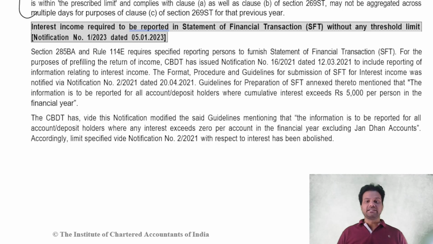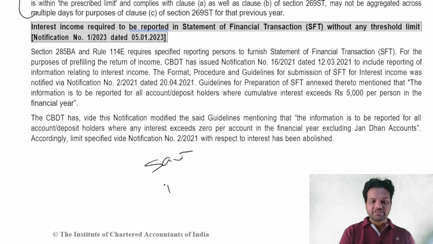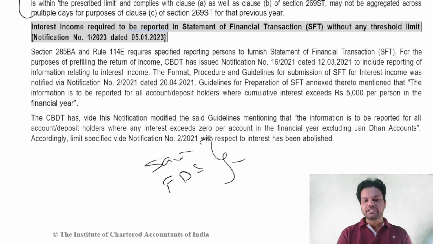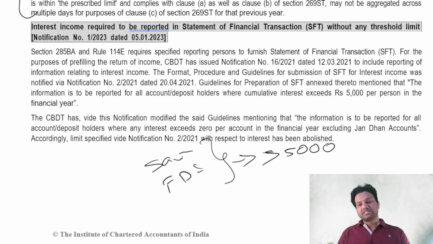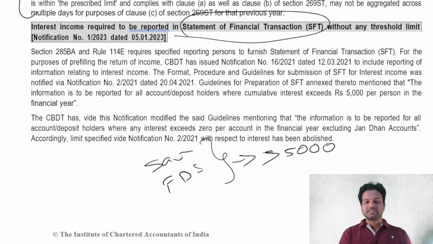Earlier they issued a notification in 2021 saying that if any account or deposit holder has an aggregate of total accounts, whether savings, FD, or other accounts, except the current account, since a current account doesn't have any interest, and if the total interest of a deposit holder crosses 5,000 rupees, banking companies need to specify this particular deposit holder's details to the income tax department as part of the statement of financial transaction. This notification was issued in 2021.